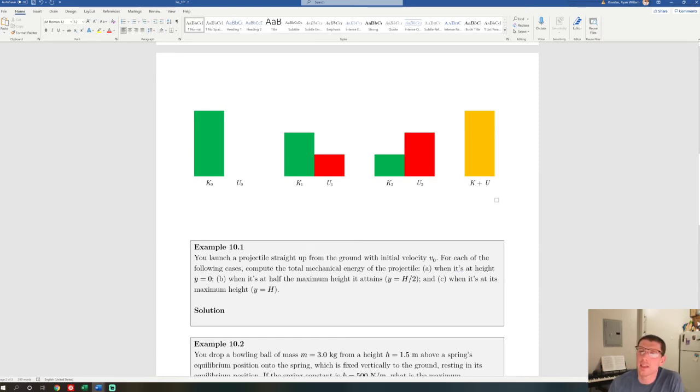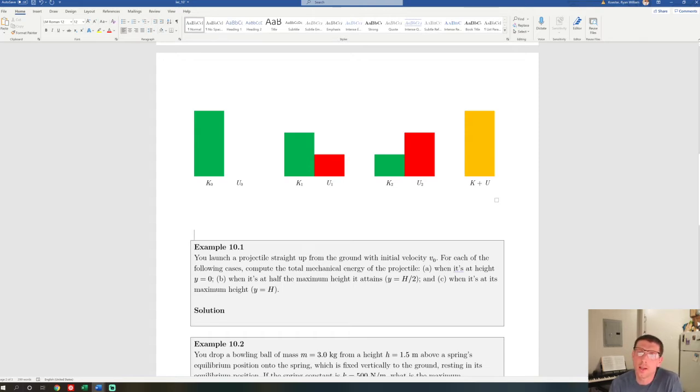So let's say that in green here we have some arbitrary object, right? It doesn't really matter what the specifics are, because we can still get the point across without getting too specific here. But we might initially have some sort of object that has a lot of kinetic energy and no gravitational potential energy. Or let's just say that this U denotes the sum of the gravitational potential energy and the elastic potential energy, right?